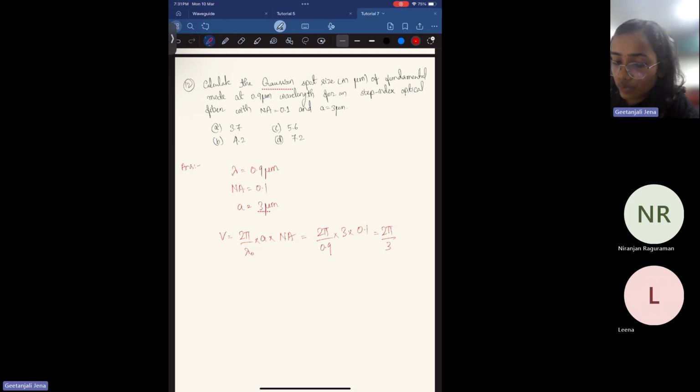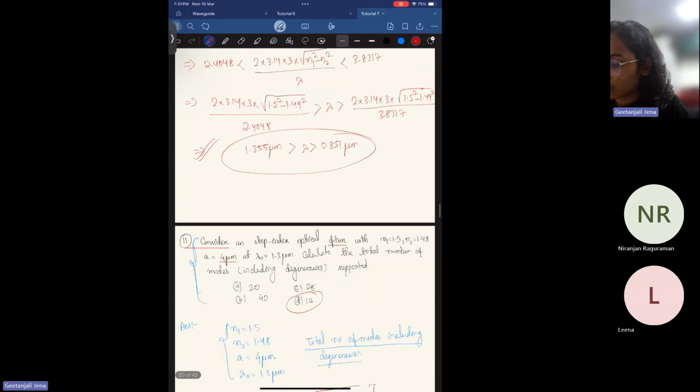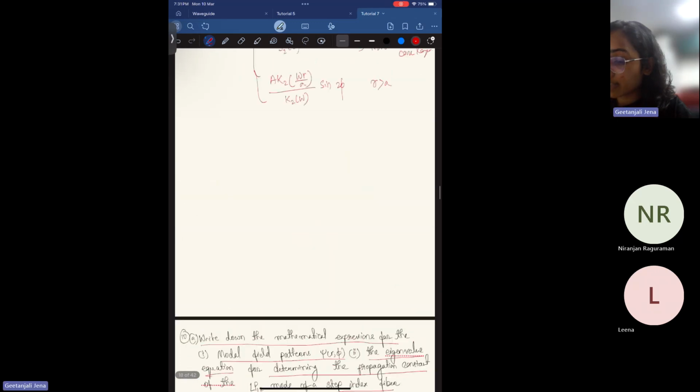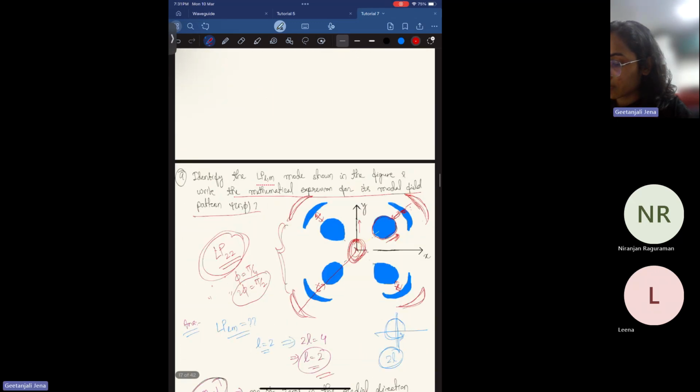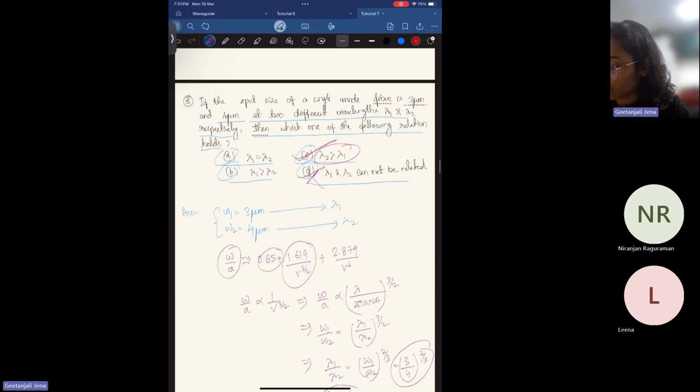So that means the value of V is now falling in the range, right? If you recall, we have a formula which relates W with the V parameter. Yes, this formula.